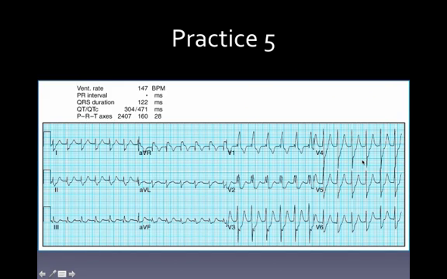Number 5. 160 degrees, 90 degrees positive, 180.